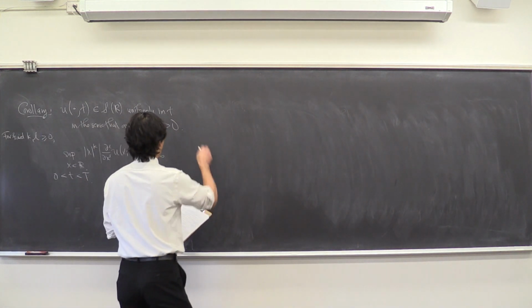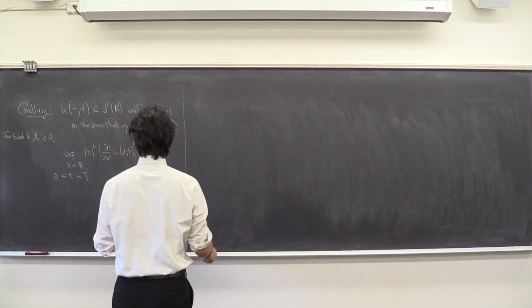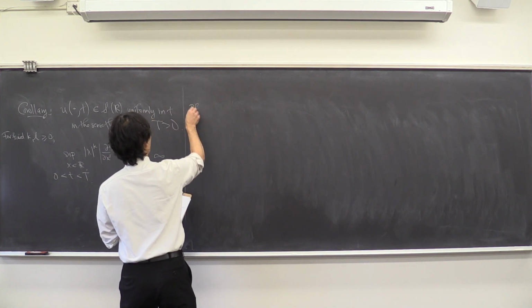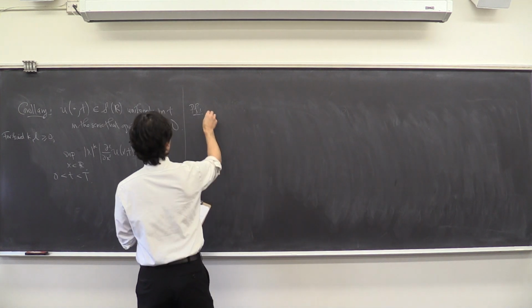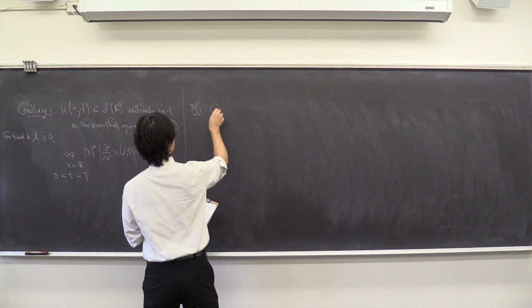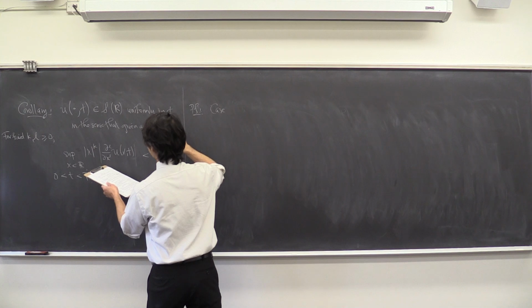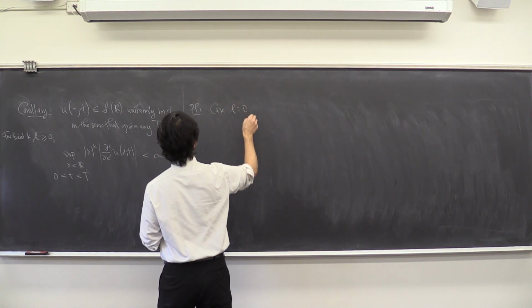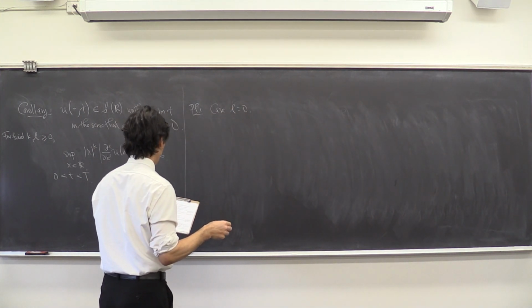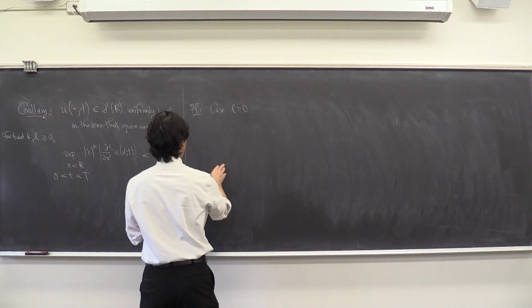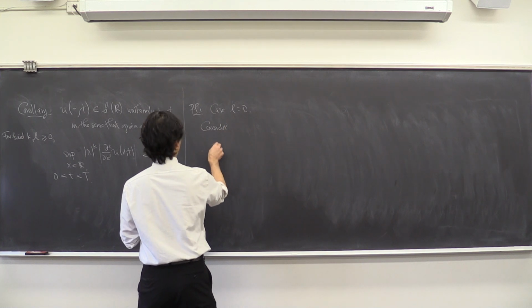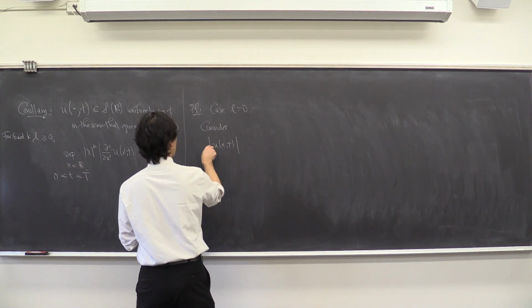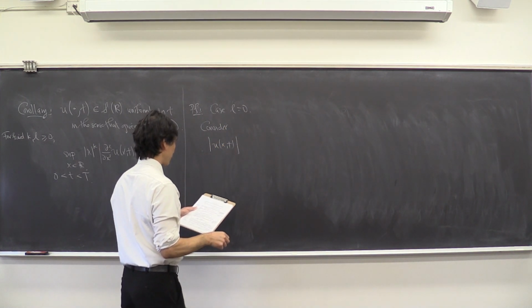Okay, so here's the proof, and we'll do it just for the case where L is equal to 0. Let's consider u of x,t, the size of u of x,t.